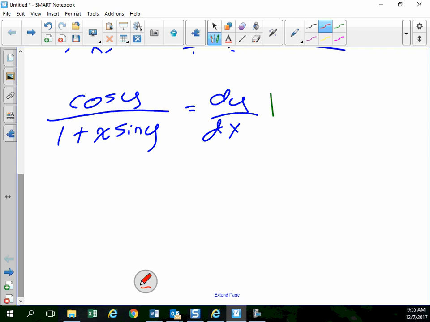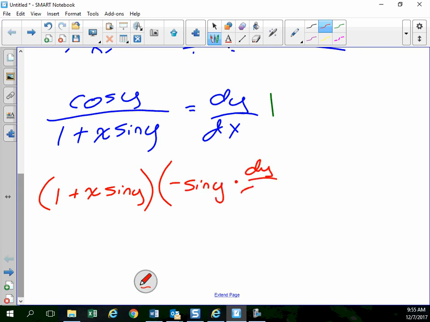So, second derivative. Low d high, derivative of cosine is negative sine y times dy/dx, minus high d low. Oh, I'm going to run out of room.